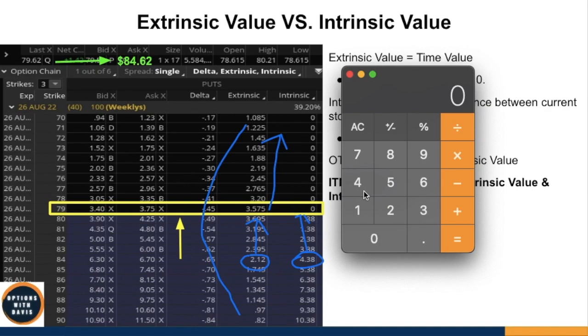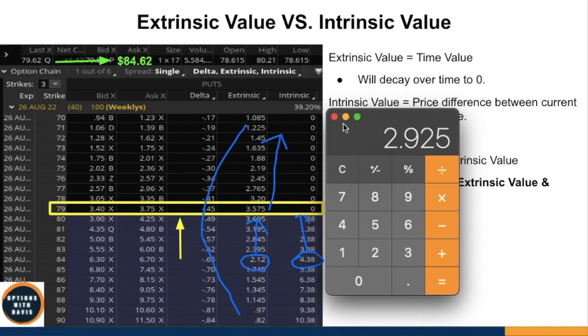We calculated earlier 4.38 plus 2.12, so you get 6.5, and you minus off 3.575, and that means you made $2.92.